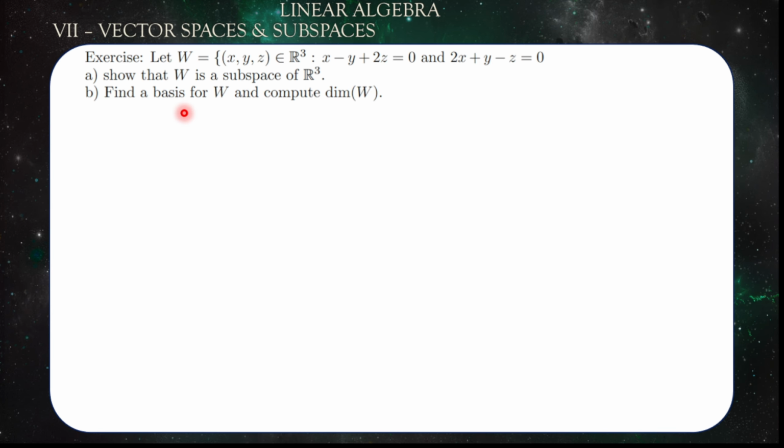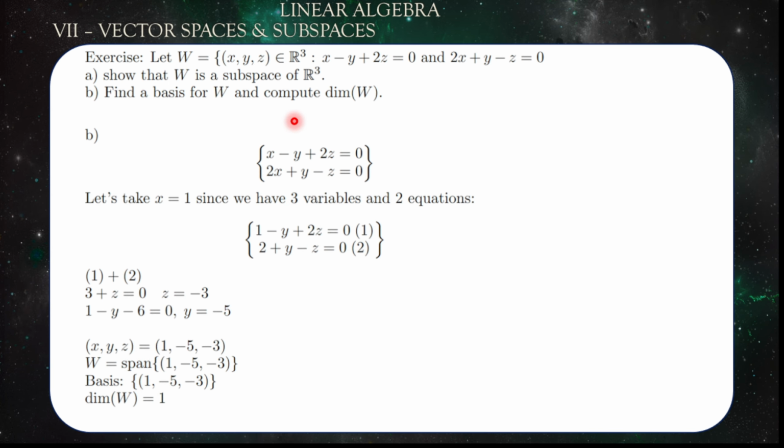Now, let's find a basis for W and compute the dimension of W. First, we need to solve both of these two equations. Let's take x equal to 1 as a parameter, since we have 3 variables and 2 equations. So x is 1.